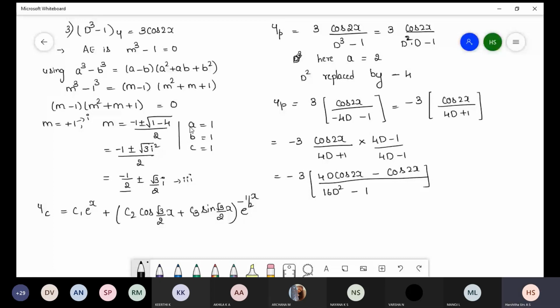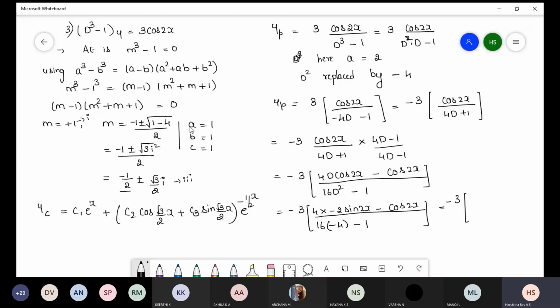Minus 3 into differentiation of the cos 2x is minus 2 sin 2x, minus cos 2x I write as it is. We all know the d square value is minus 4. So minus 4 minus 1. So again minus 3. Here in the numerator I take minus as a common.